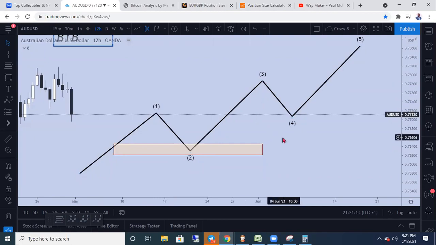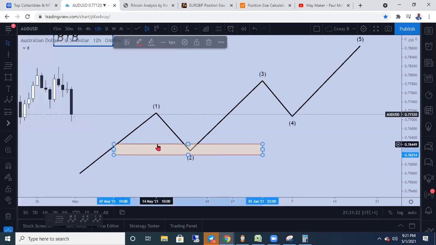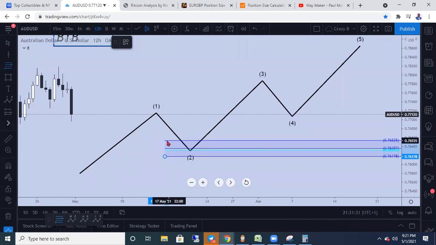We have two ways of taking our trades from here. The first one is to use the method of dollar cost averaging, where we draw our AQZ fib in a bullish manner from down to the top.